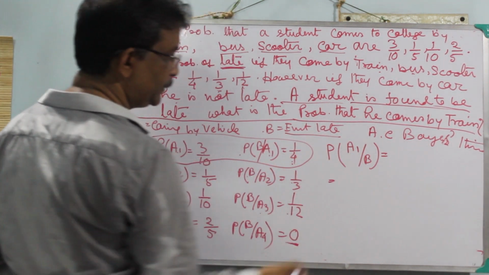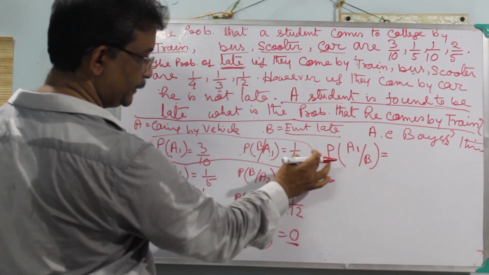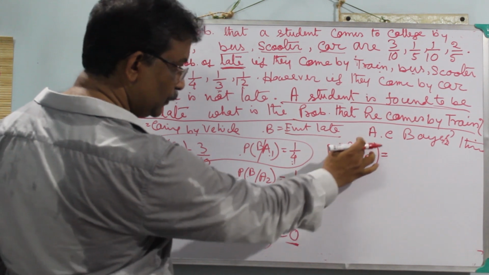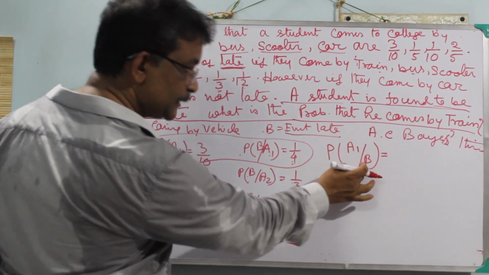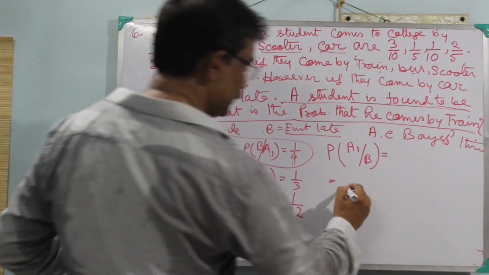So what is the probability a student comes late, and he comes by train? The probability of A1 when B has occurred. So B has occurred.